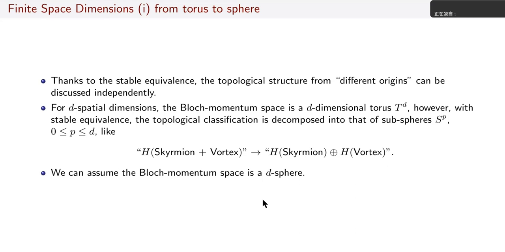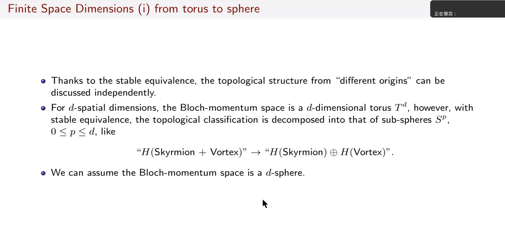The origin of the topological invariant can be decomposed into independent pieces, like the Hamiltonian has a Skyrmion structure and a vortex structure.